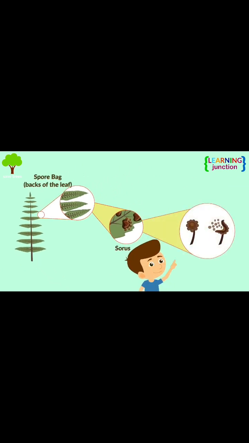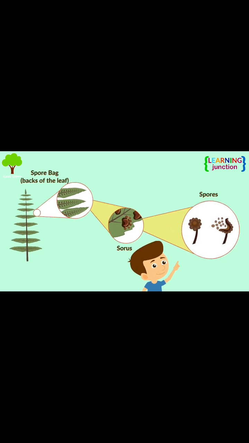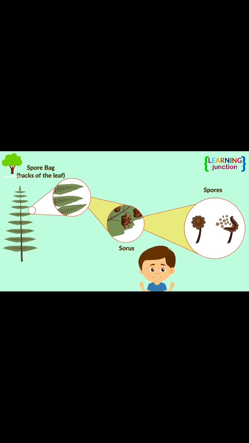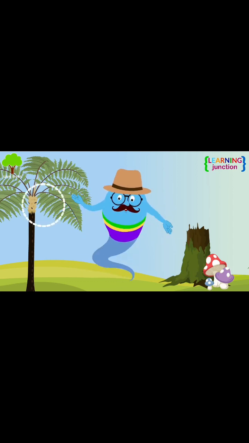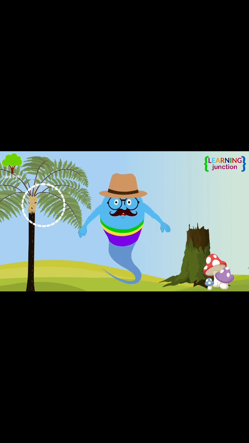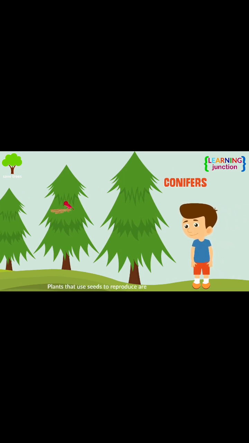And here, these are spores which are further used in reproduction in the non-flowering plants. There are two main types of non-flowering plants. Plants like mosses and ferns that use spores to reproduce. These are the pine trees, which are conifers. They use seeds to reproduce and are called gymnosperms.